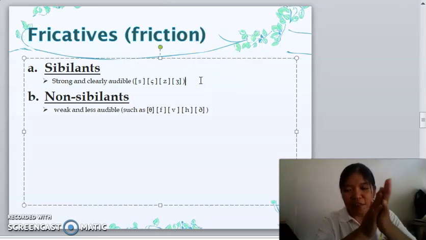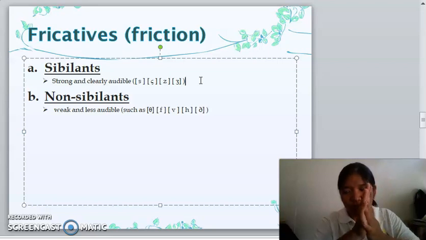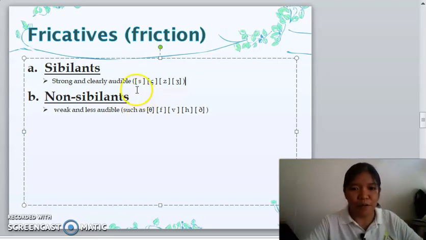There is a rubbing of two oral cavity to produce the sound. For example, S. Another example, as if there is rubbing. There is friction. Z. And then the sound of a hard TH, as in them.